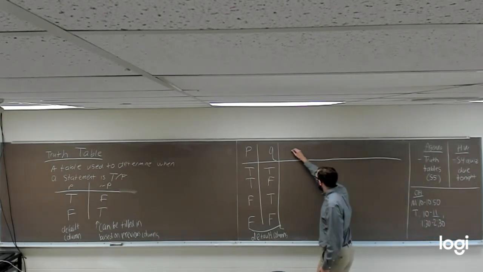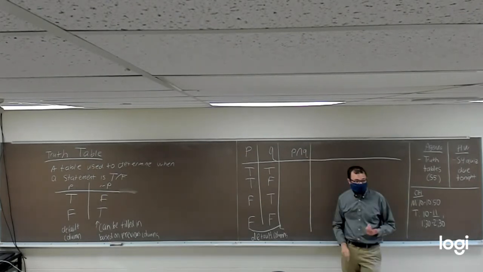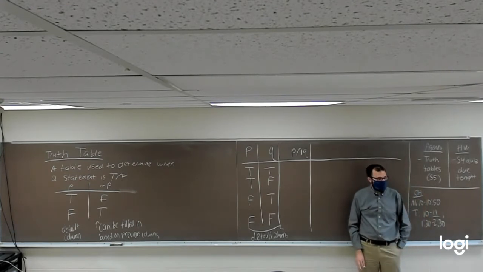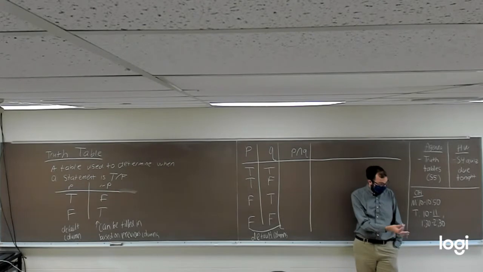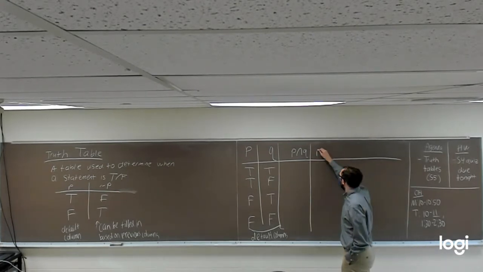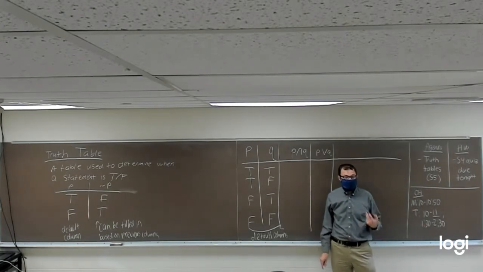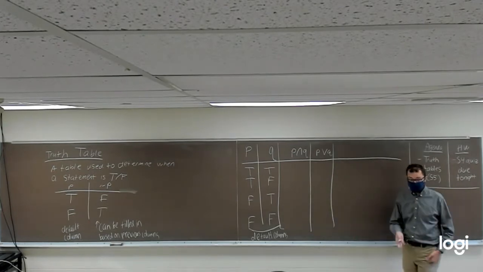P and Q. Certainly make a column for that. What would be another example of a compound statement involving P and Q? P or Q. Those are kind of our two standard ways of using connectives, and and or, to combine P and Q into a single statement.